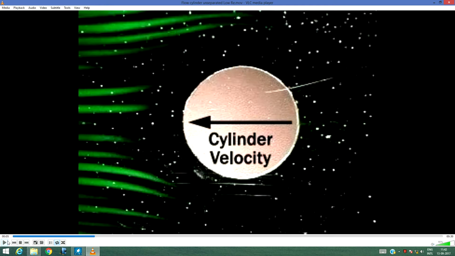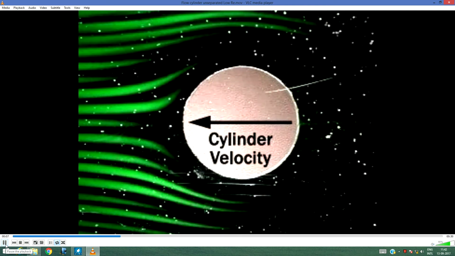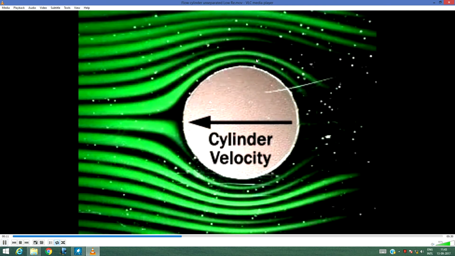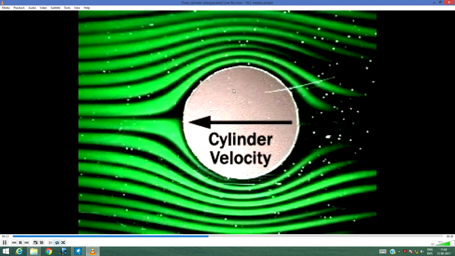So this is like the laminar flow counterpart for flow through a tube. You introduced flow along the axis, and the dye remained along the axis. You increase the speed, and it tends to oscillate and mix with the surrounding fluid. You can see here that the flow is going around the cylinder.